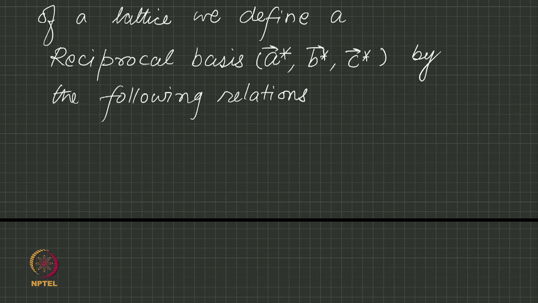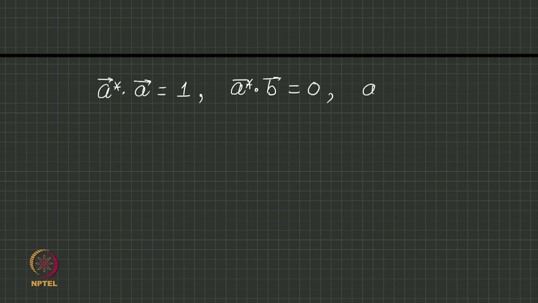So, what are our defining relations? Our defining relations are actually 9 dot product relations. We say A star dot A is 1, whereas A star dot B is 0, A star dot C is also 0. So, A with A is 1, A with B and A with C will be 0.